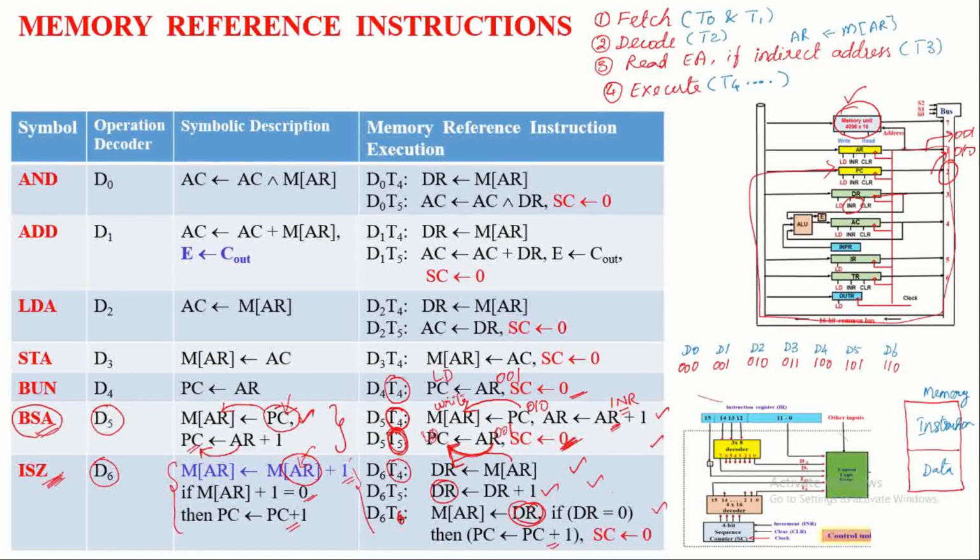When it becomes 0, this increment and skip if 0 operation skips the next instruction. At the end of the instruction execution, the sequence counter value is cleared. Like this, the 7 memory reference instructions are executed.